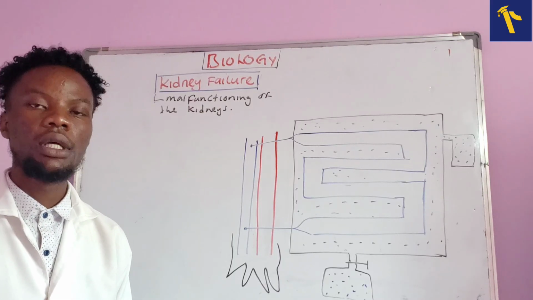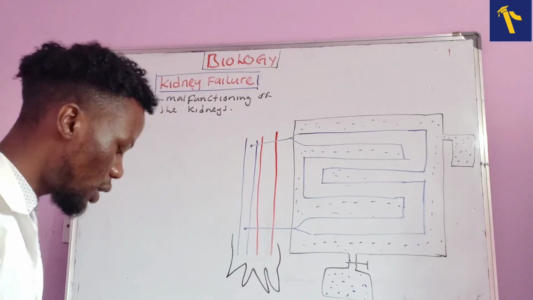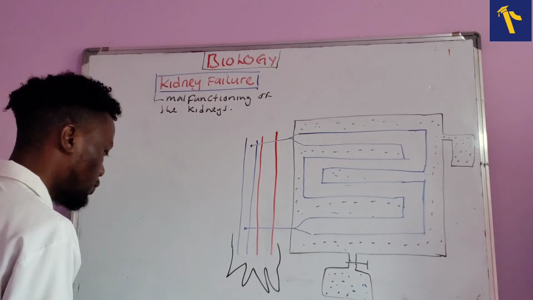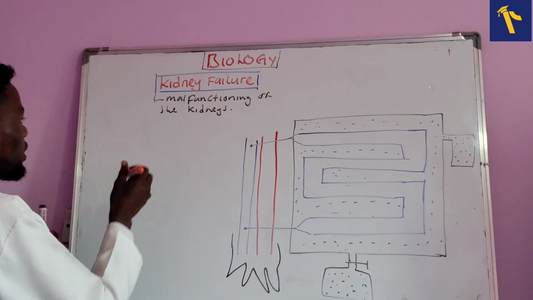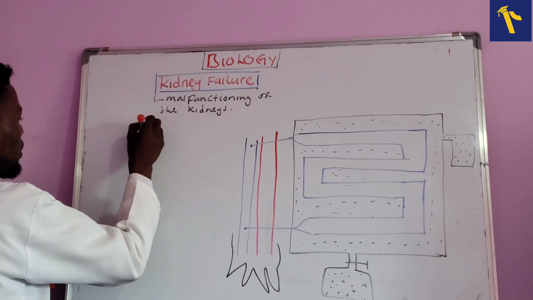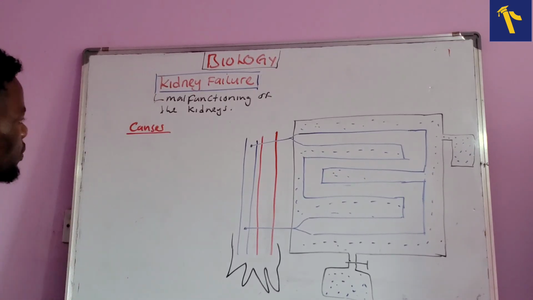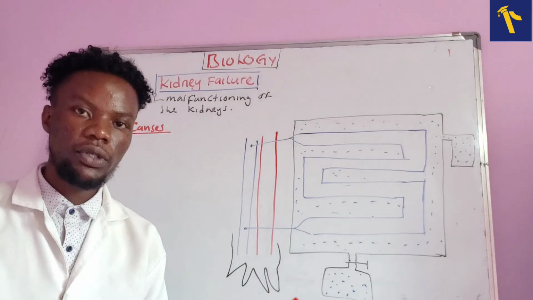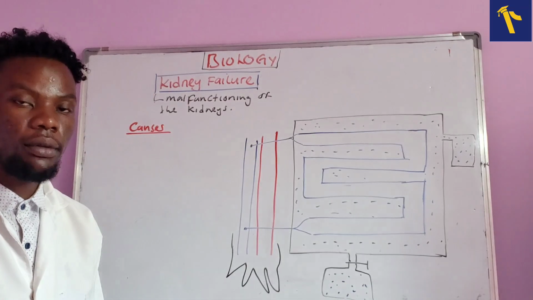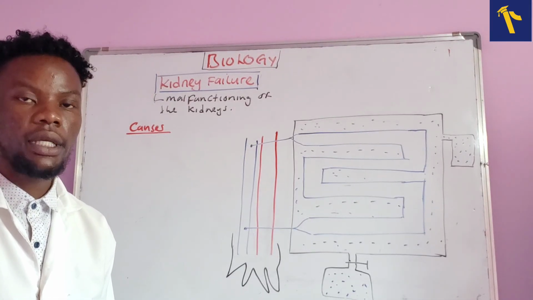So what could cause kidney failure? Now we need to talk about the causes. What are the causes of kidney failure? The first cause, the most important and common one, is the road traffic accident.